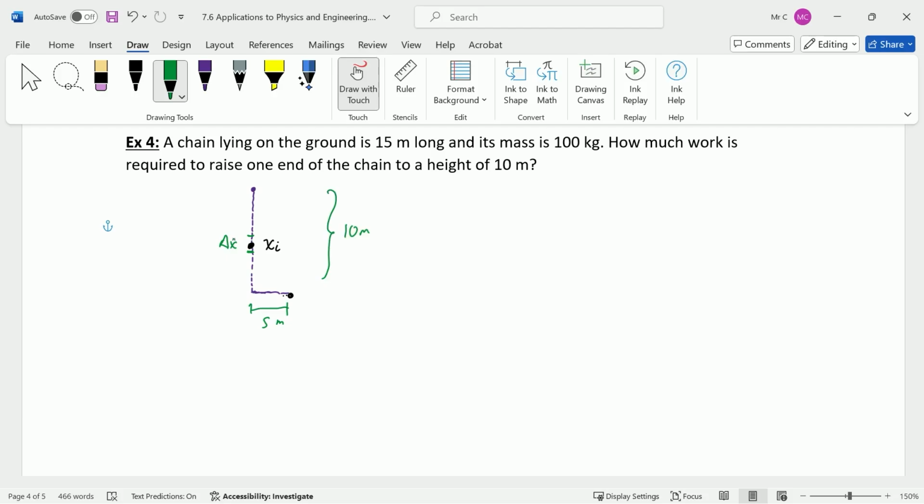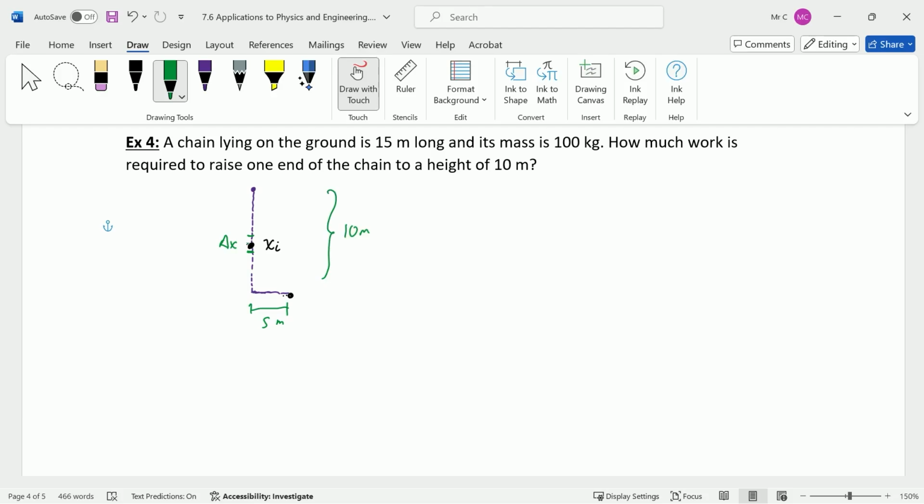Okay, so what do we know? We've got a point. We're lifting that point on the chain up. And what is happening to the weight of the chain as we lift it? So let's just think about what happens on this one little segment of chain first. All right, so the weight for that segment is going to be based on the density of the chain.